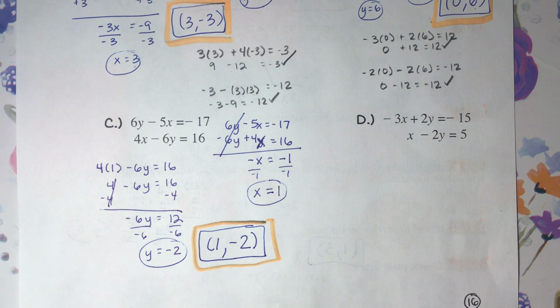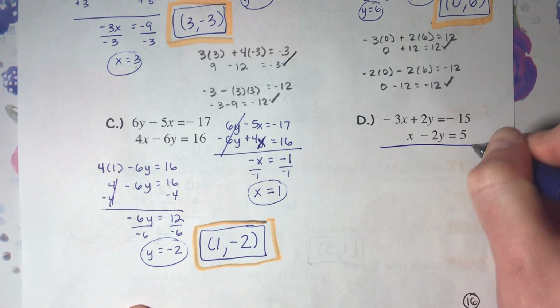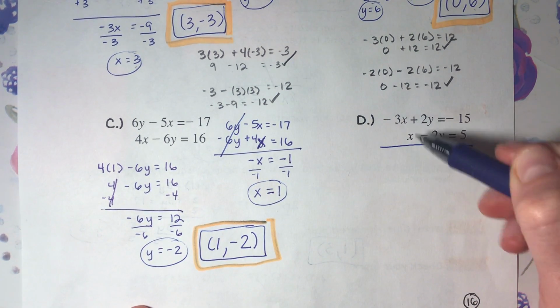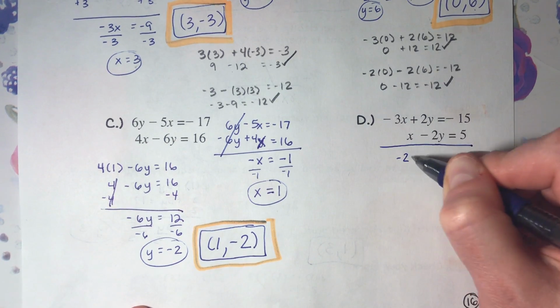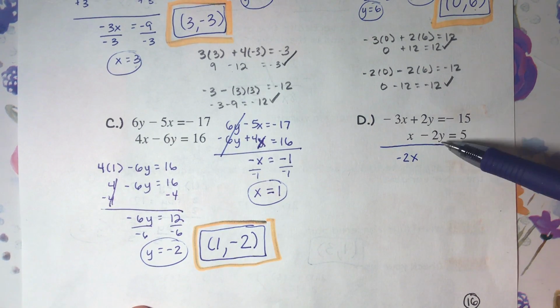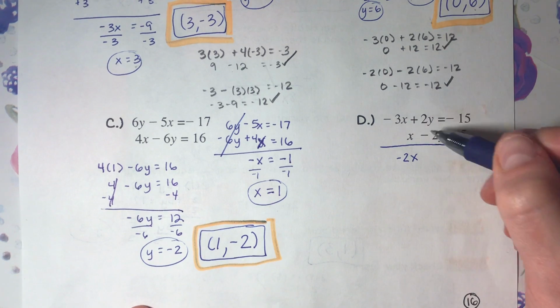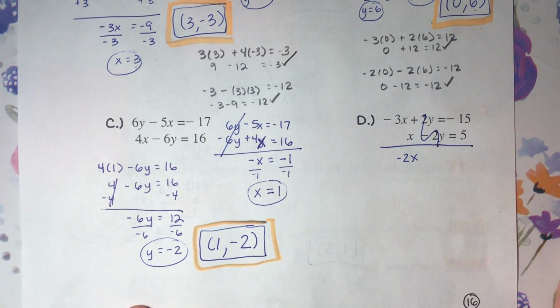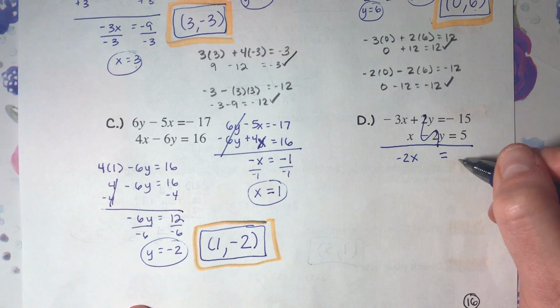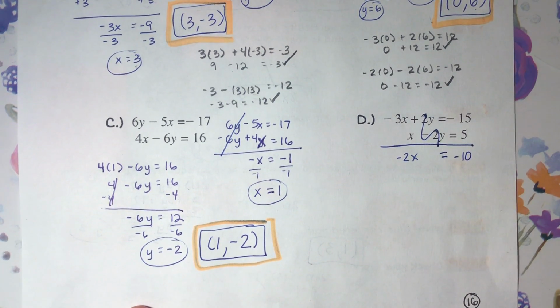The x's are on top of the x's, the y's are on top of the y's, and so on. So I can automatically add these. When I add them, negative 3x plus x is negative 2x, positive 2y and negative 2y eliminate each other, and negative 15 plus 5 is negative 10.